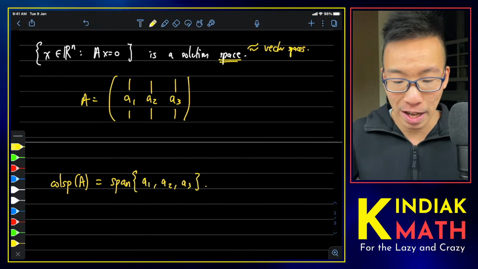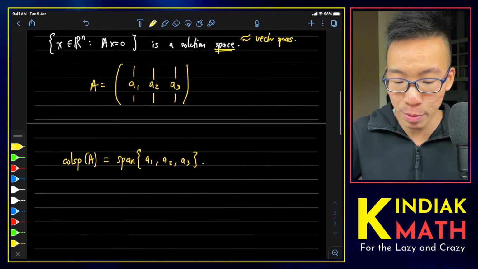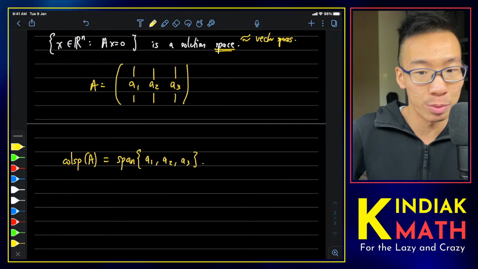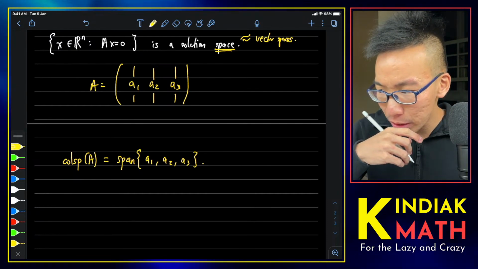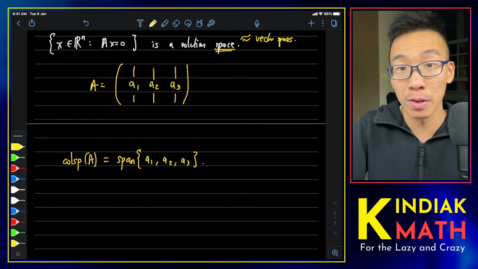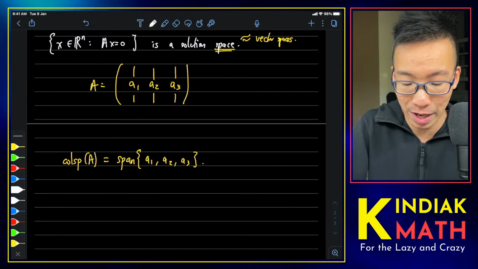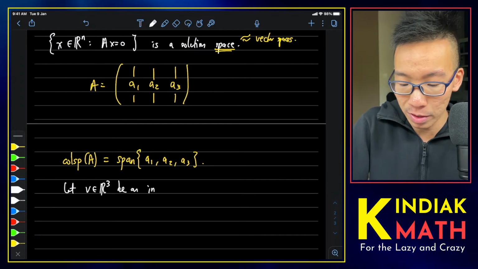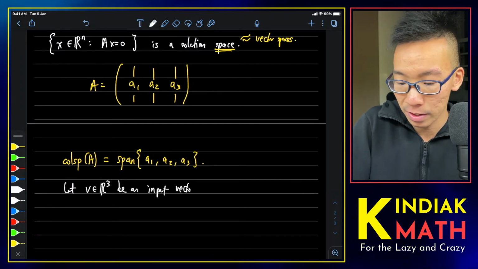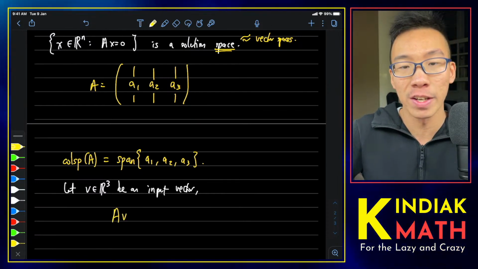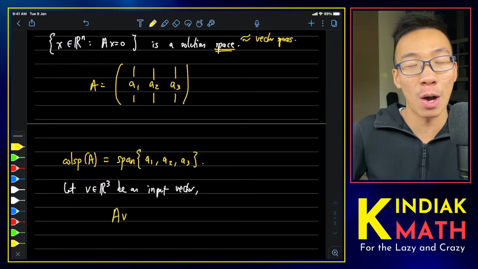But interestingly enough, we can actually interpret the column space of A in a very different manner. So how do we do that? Well, if we were to consider all the different possible inputs, say we let v be an input vector, and we want to transform it using the transformation A. What's the outcome?